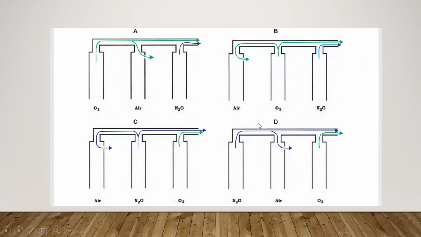Look at it, which one is best here? Remember the question we're asking, this is oxygen. Definitely this one is wrong. Oxygen here is upstream, and we want oxygen downstream.